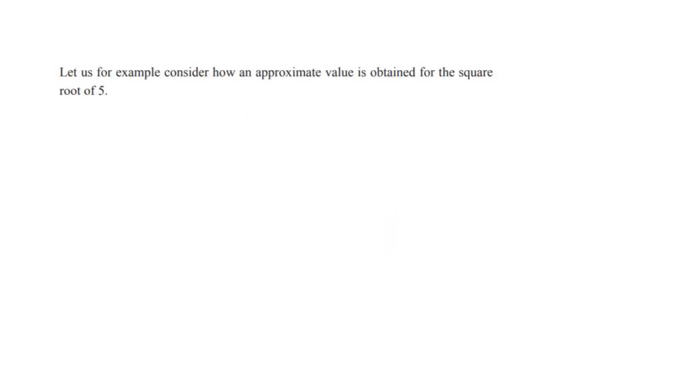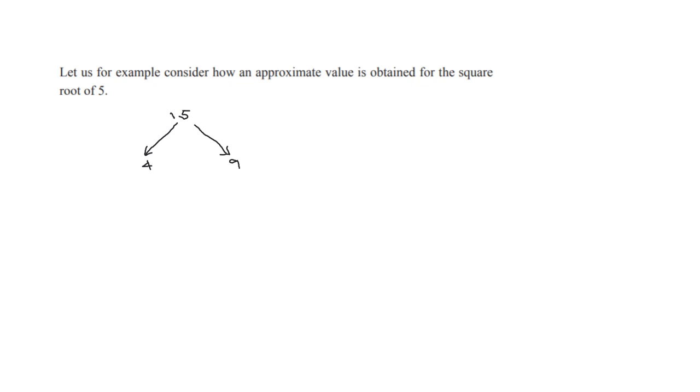Let us, for example, consider how an approximate value is obtained for the square root of 5. We want to find the square root of 5. We write 5 here. Now, this 5 is in between square numbers 4 and 9.